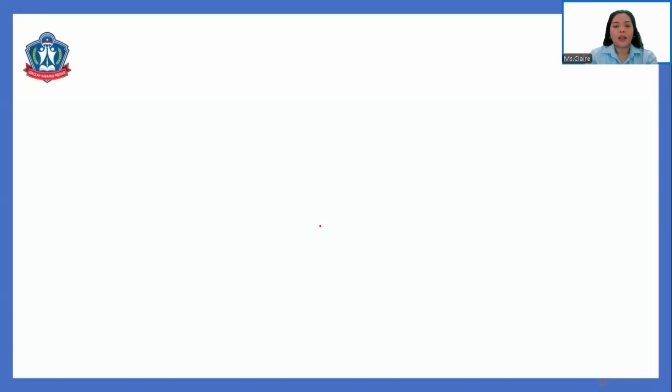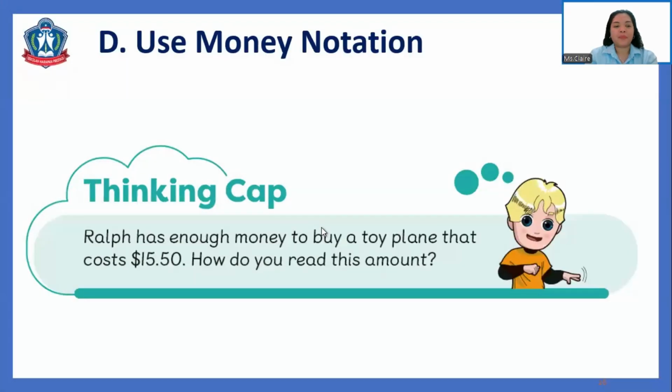Okay, for our thinking cap, Ralph has enough money to buy a toy plane that costs $15.50. How do we read this amount? As you can see, we have 15, then we have a dot or a period, and we have 50 here.